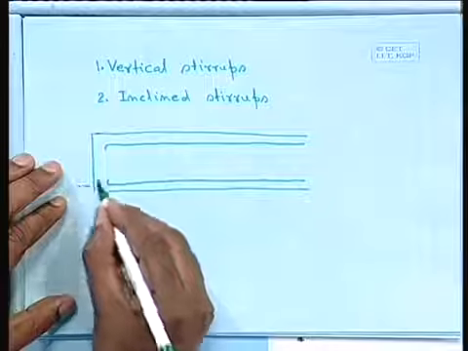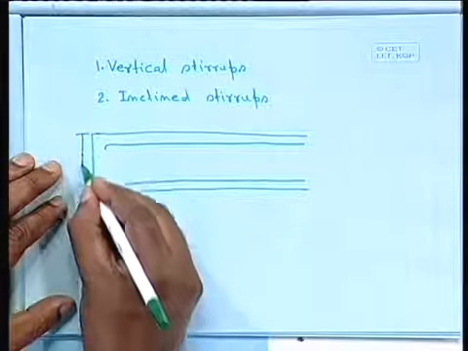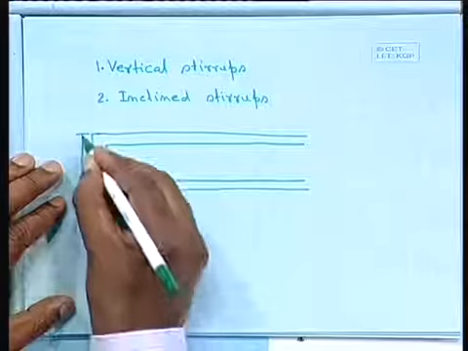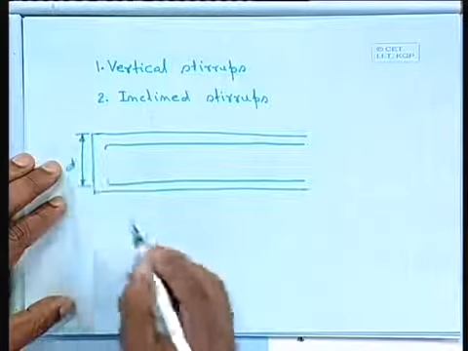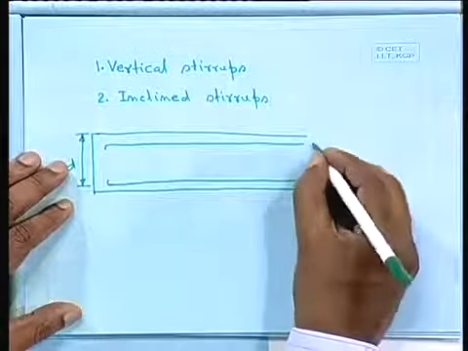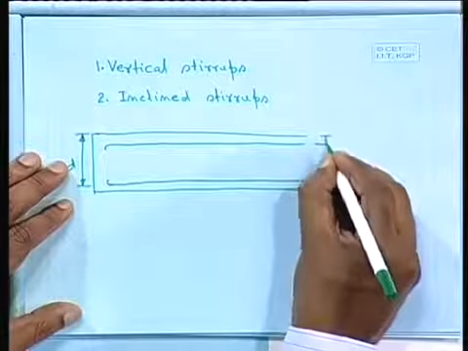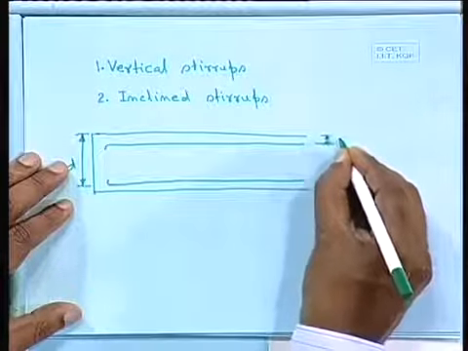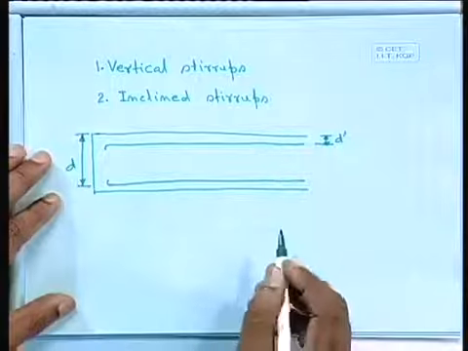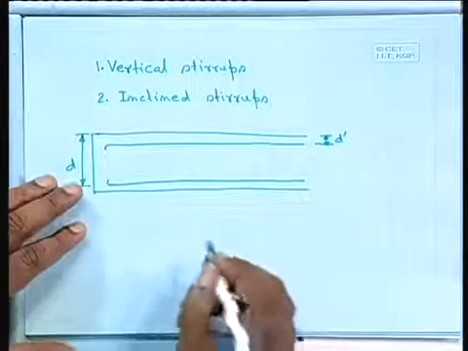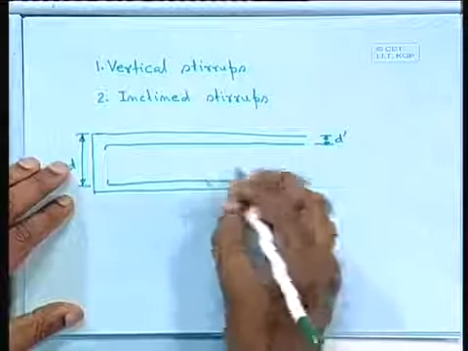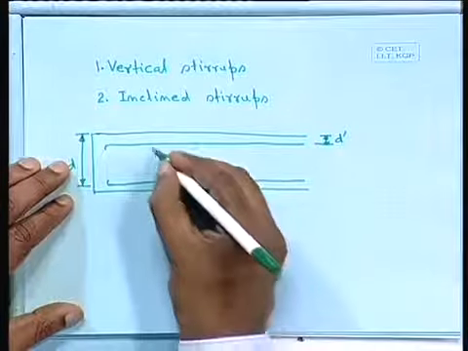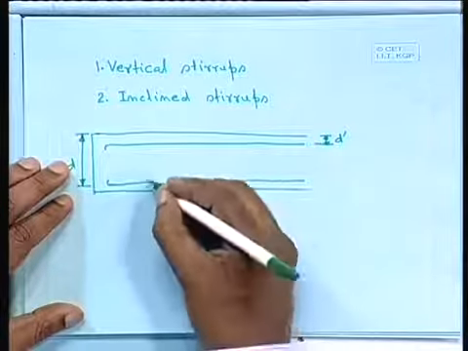So, the effective depth D, and we have D dash from the top, that effective cover.